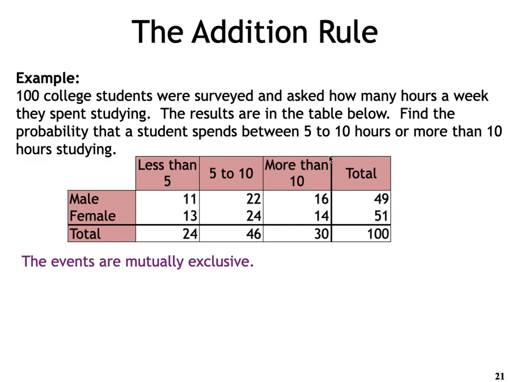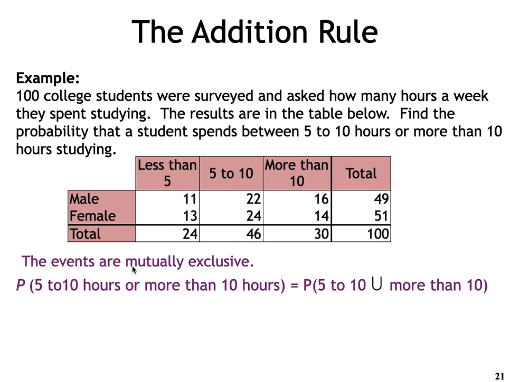The moment the student spends between 5 to 10 hours studying, he or she belongs in this category, and thus could not belong in this category, which indicates studying more than 10 hours. In the same manner, if the student is studying more than 10 hours, he or she could not belong to the 5 to 10 hours category. Therefore they are mutually exclusive events.